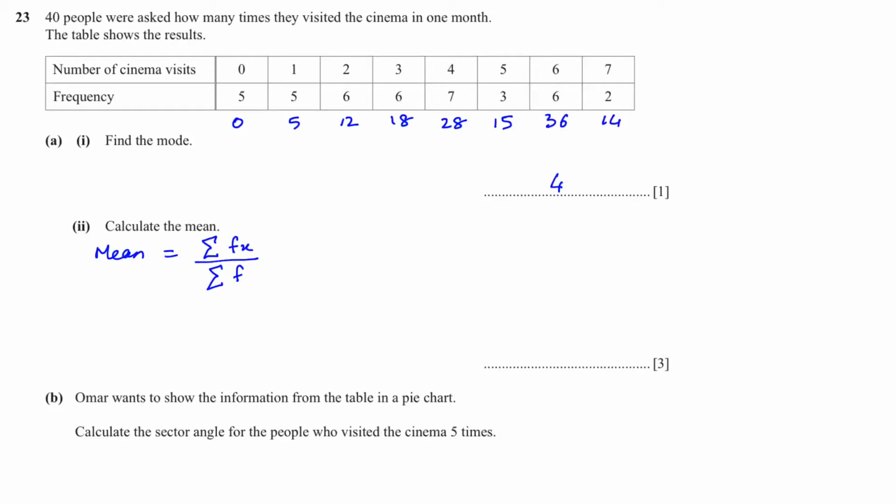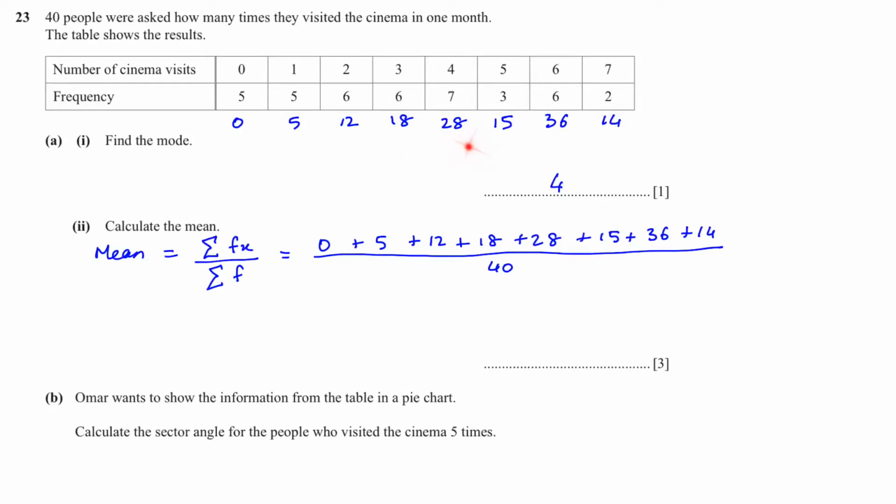So the whole thing, you add it up and divide by the frequency. What is the frequency? 40. So you will get 0 plus 5 plus 12 plus 18 plus 28 and all the numbers divided by 40. You will get 3.2. That's your mean.